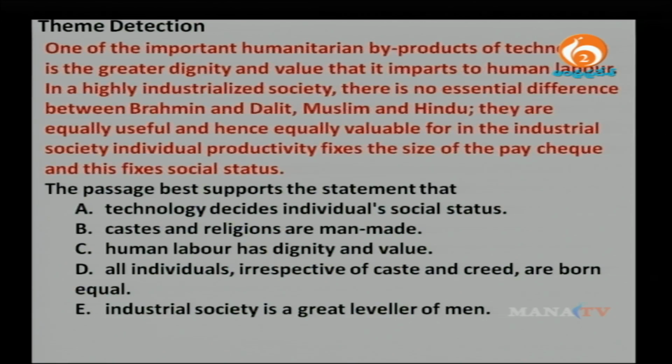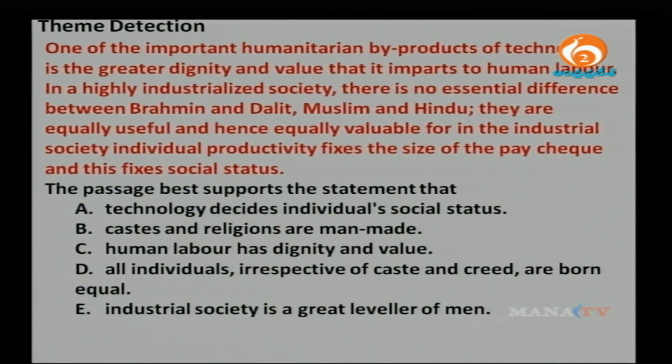I am reading the options again. Technology decides individual social status, caste and religion are man-made, human labor has dignity and value, all individuals irrespective of caste and creed are born equal, industrial society is a great leveler of men.